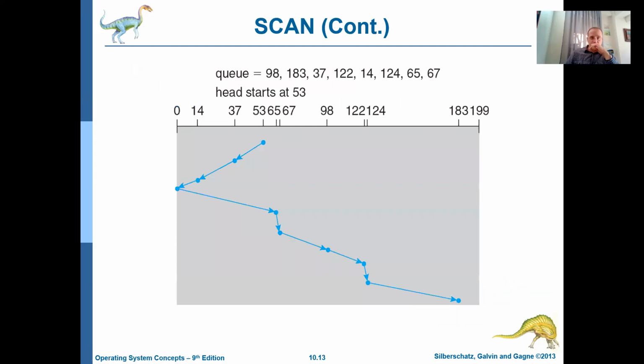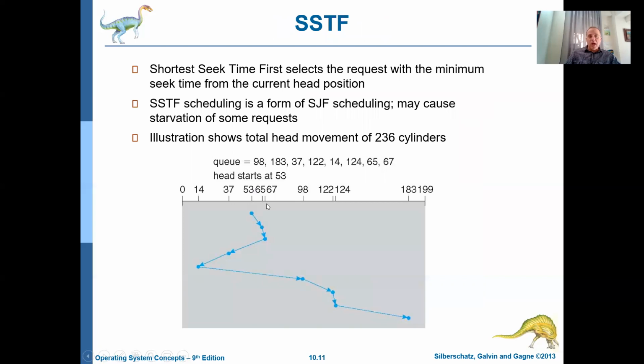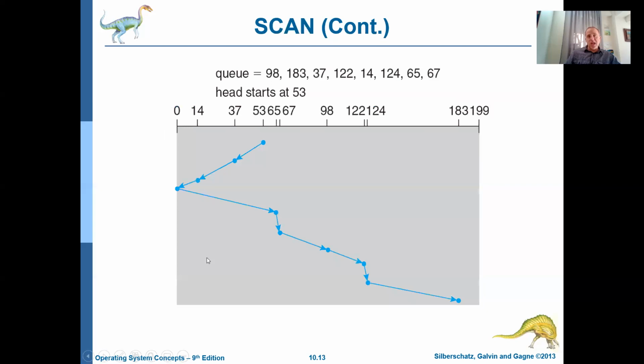What about scan? Scan says, well, it depends what I'm doing at the moment. If I'm at 53, I'm not going to necessarily go to the closest one, because that might mean I'll go up to 65, and then I'll go down, down, down. The elevator would go up, up, up, and then start going down. Meanwhile, somebody's waiting over here, and he was very optimistic. He thought he was going to finally get to him, but he didn't. He turned around and went back down. So scan says, no, we're going to be consistent in our movement. If we're at 53 and we're already going down, then we're going to keep going down, and we'll just service whoever's in the queue in a downward direction.